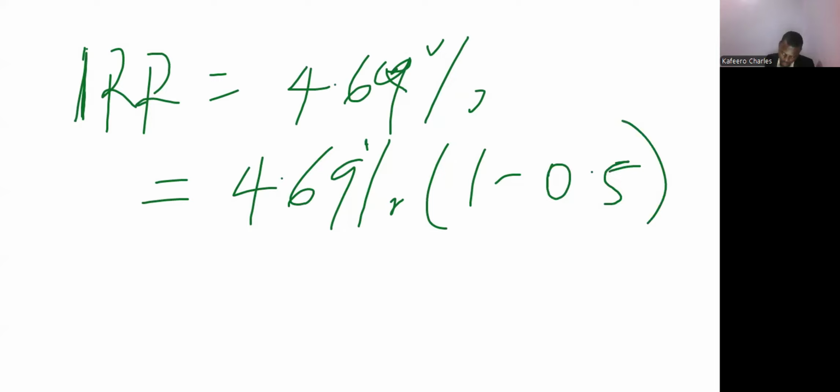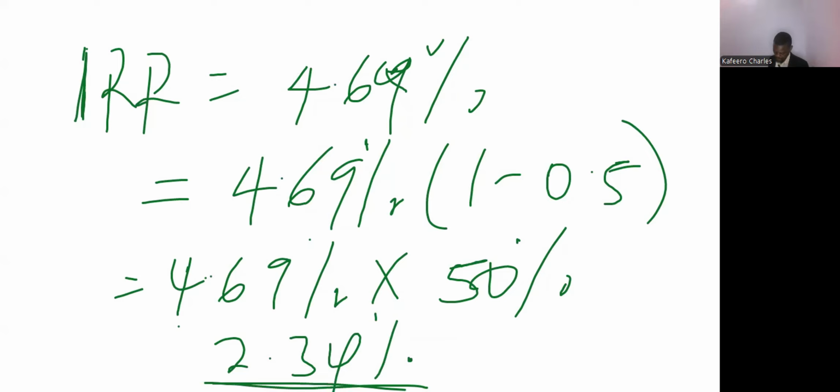So it is going to be 4.69% times 50%. So you just get the whole of this value and you divide by 2. So it is going to be 2.34%. And that's what we shall use. So this is the value that we are going to use as our cost of preference share.